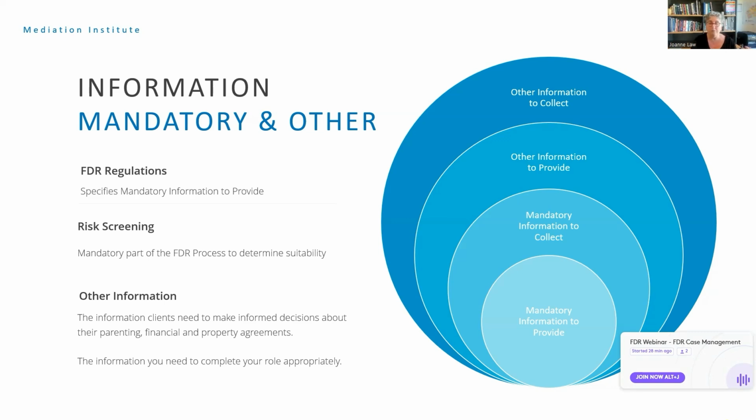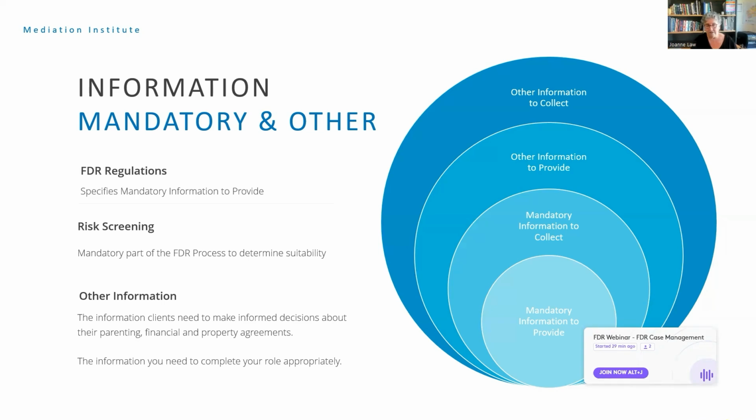If not, we must not provide FDR, and if we think that they can, then we may. Then there's other information we need to provide, and other practical information we need to collect to efficiently and effectively manage the case. It's quite a bit of information.